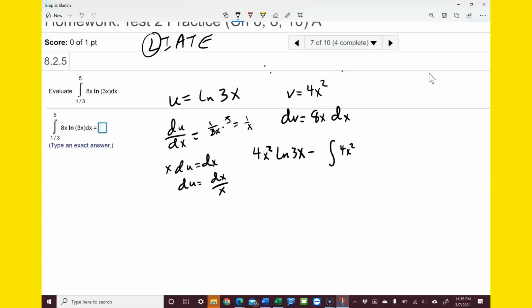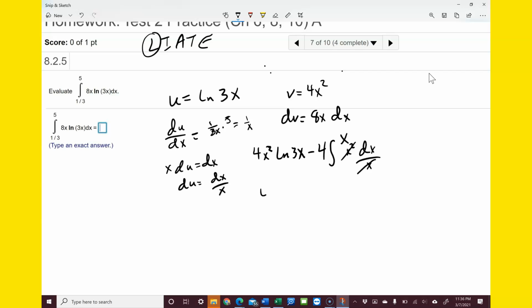How strange is that? Alright, so I'm going to put my 4 right here. So v, that's 4x squared, put my 4 right there. du is dx over x. So that cancels that, and it just becomes an x.